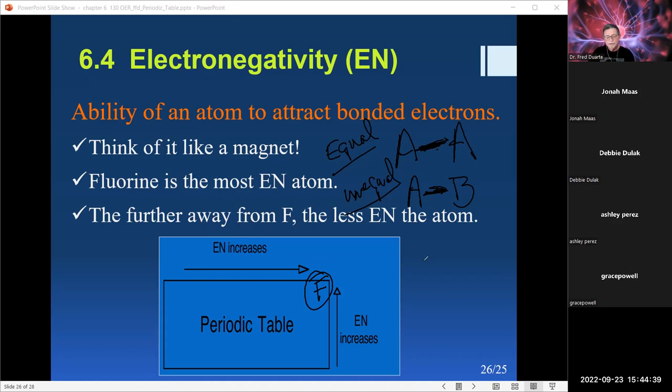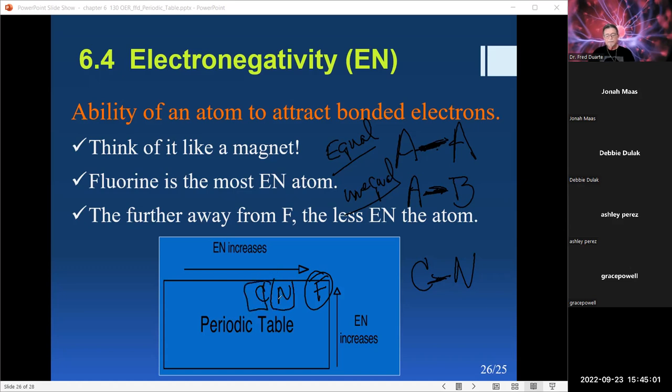But if we have, let's say, a carbon and nitrogen bond, we may be asked who is pulling those electrons onto itself greater. We have to determine who has the higher EN. Well, we go to the periodic table, and carbon's about right there, nitrogen's about right there, okay?